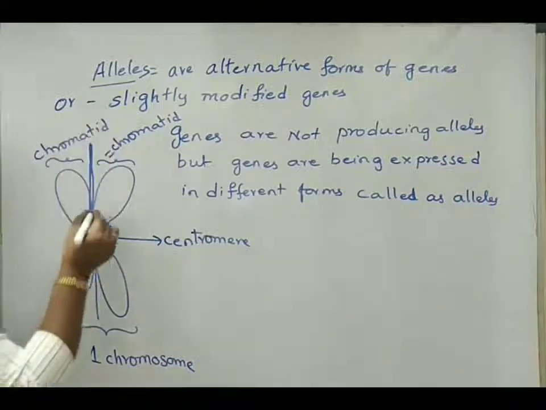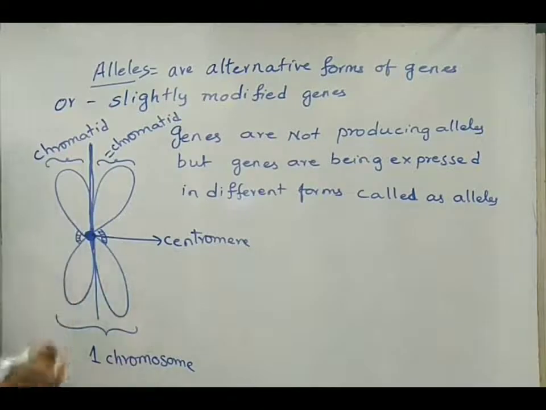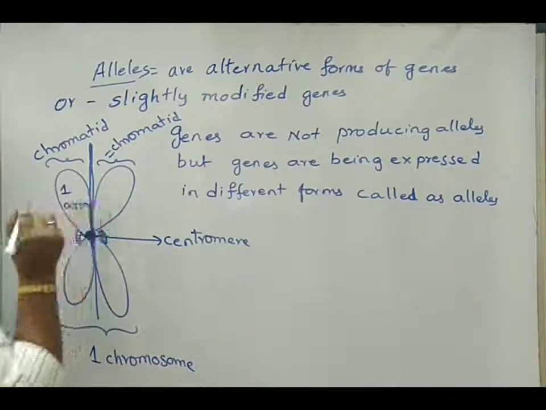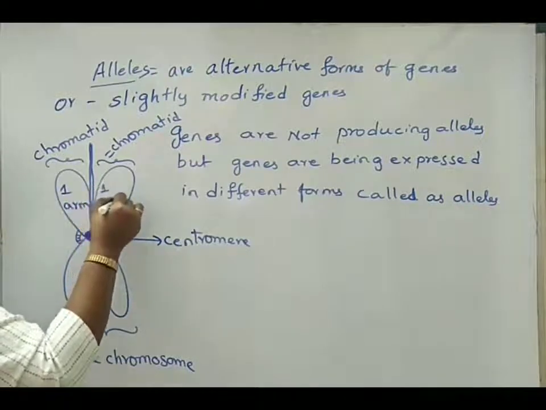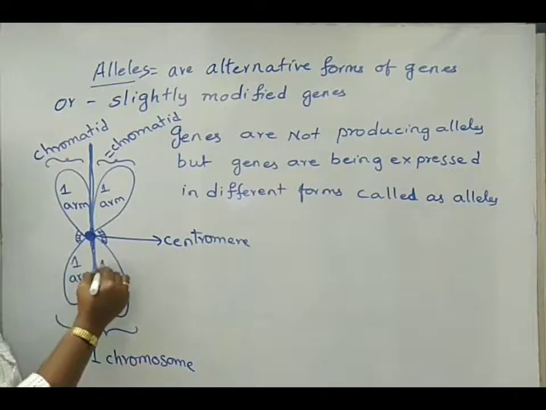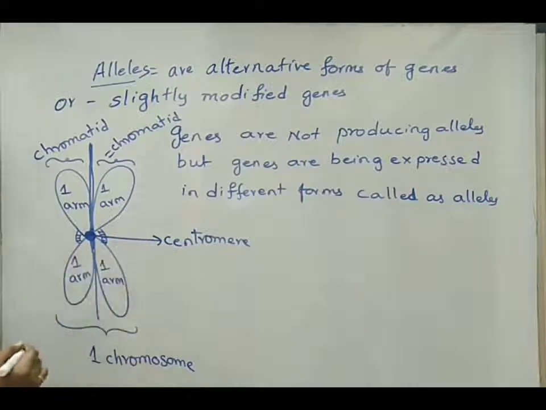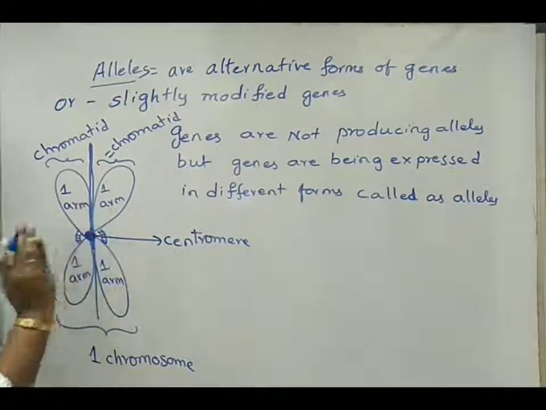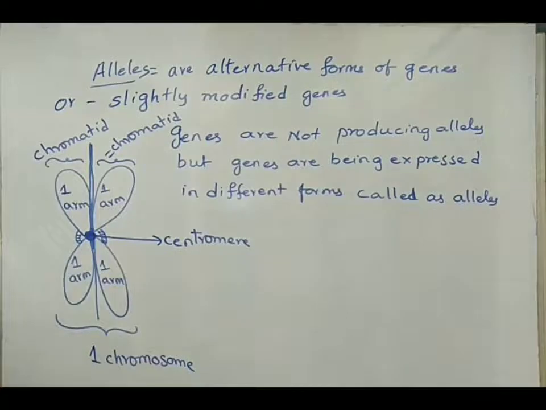Now, what are these four separately called as? This is one arm. This is also one arm. This is also one arm. This is also one arm. So there are four arms, two chromatids, one centromere, two kinetochores on either side of the centromere.